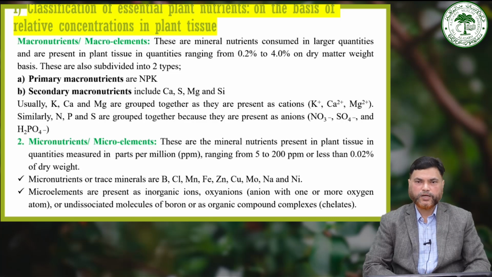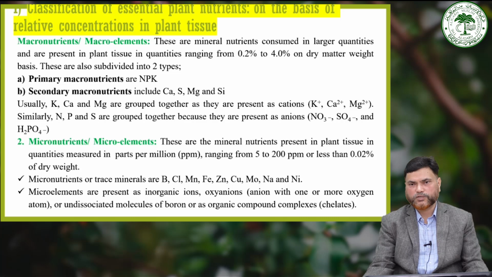One is macronutrients, another one is micronutrients. You might be aware. So, now the question arises, what are these macronutrients? Macronutrients, they are also known as macroelements, are the mineral elements required by the plants in large quantities, and they are typically found in plant tissue in concentration ranging from 0.2 to 4% on dry mass basis.